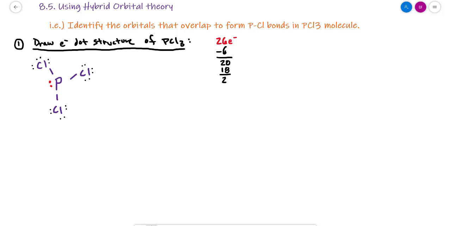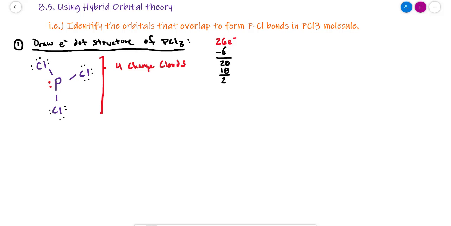I counted 26 valence electrons in the entire molecule. 6 of those were used to form the bond connectivity with phosphorus in the middle. I then distributed 18 electrons across the chlorine peripheral atoms to fill their octets. That left me 2 extras. Those 2 are the red ones that show up on the central phosphorus atom.